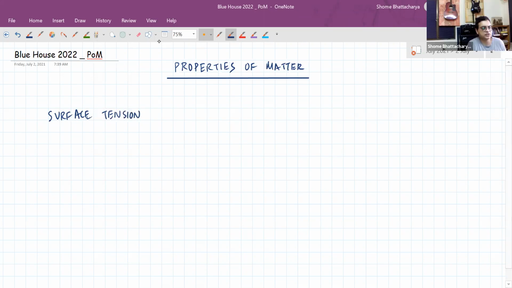So we had understood surface tension as a material property of any liquid with two major aspects associated with it. One is the surface tensional force, the restorative elastic type of force that is experienced along the surface in a tangential direction for a fluid.